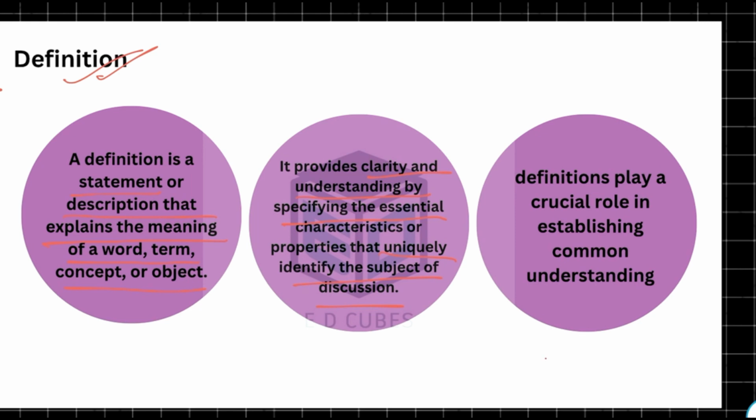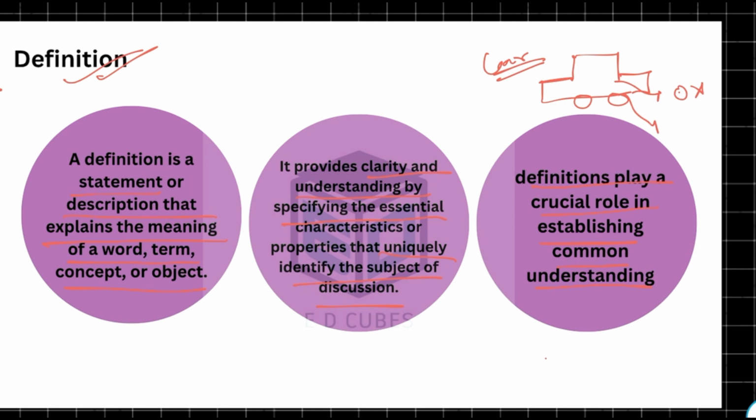Next, definition plays a crucial role in establishing common understanding. So, through definition, many people can imagine the same object or same term at a single time without much needed explanation. Let's say, for an example, if I define this as car. This is car for me. You define this as ox.